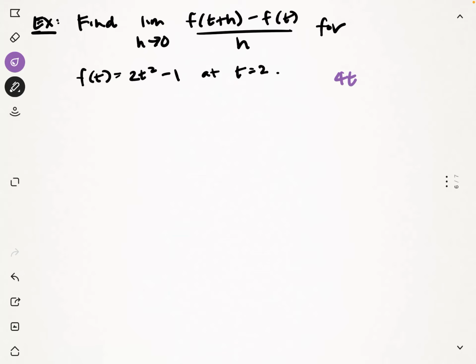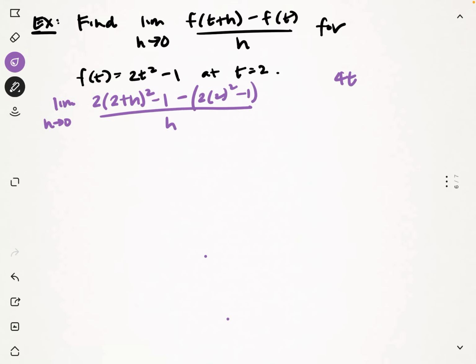So I'm going to do the limit as h approaches 0 of 2 times parentheses, our t is 2, so 2 plus h, squared, minus 1, minus another big parentheses, 2 times 2 squared minus 1, all over h. Let's go ahead and expand that.